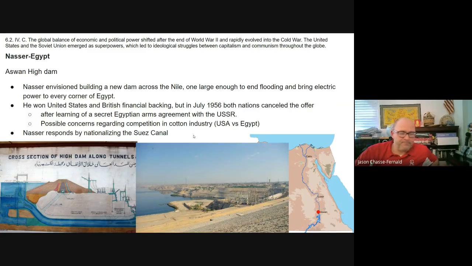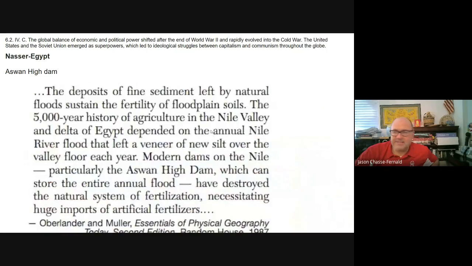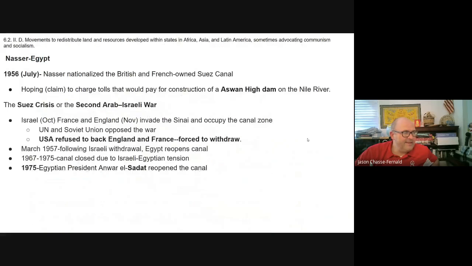So this is classic non-aligned behavior, playing both sides of the Cold War to your advantage, which we see in Indonesia and in Egypt as well. And of course, what happens when the nationalization of the Suez happens.